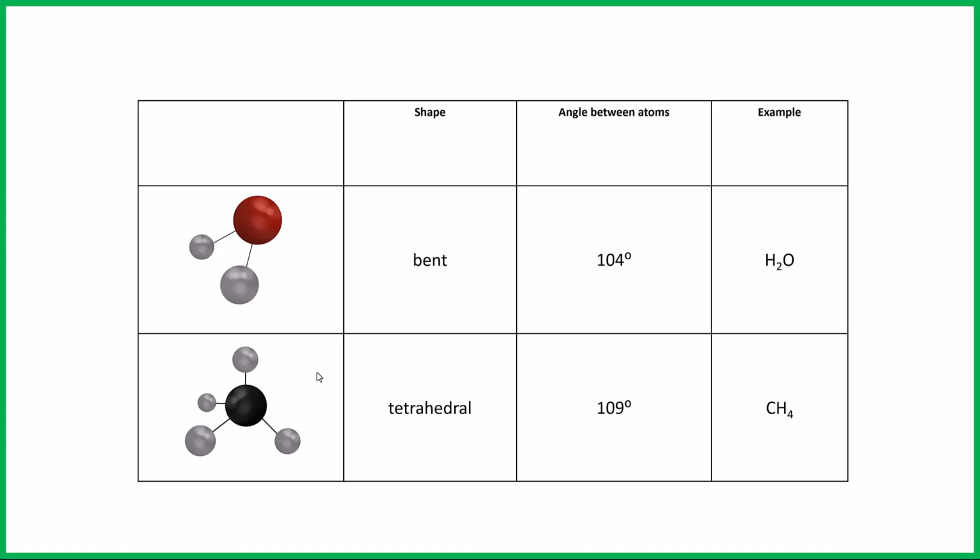And then finally we have tetrahedral shape, which is one central atom with four atoms around it, and 109 degrees between those atoms. CH4, or methane, is an example of this type of molecule. And this is arranged so that these are sort of in a pyramid at the bottom, and then there is an atom sticking up at the top as well.